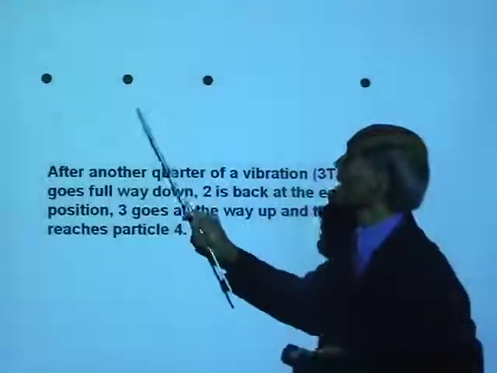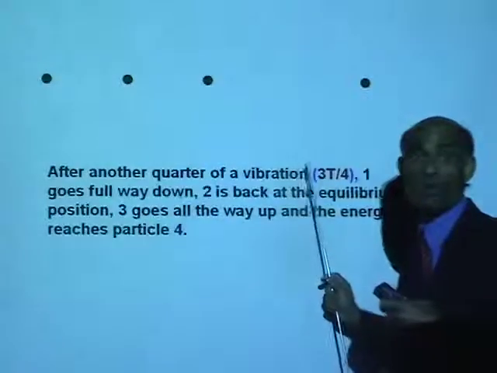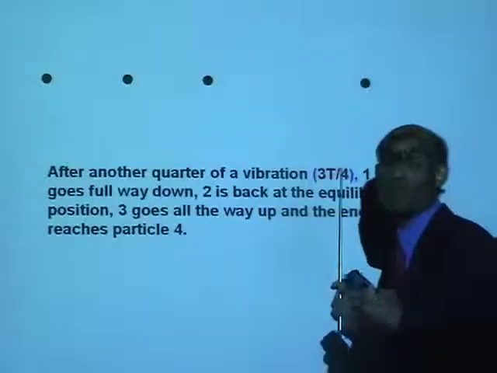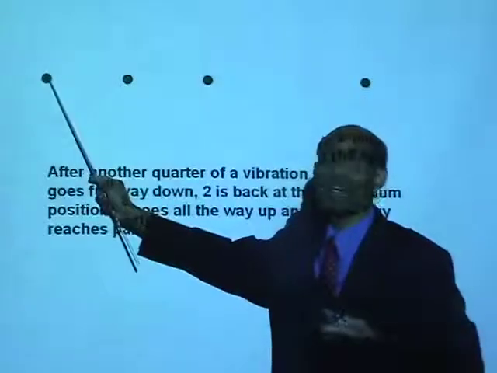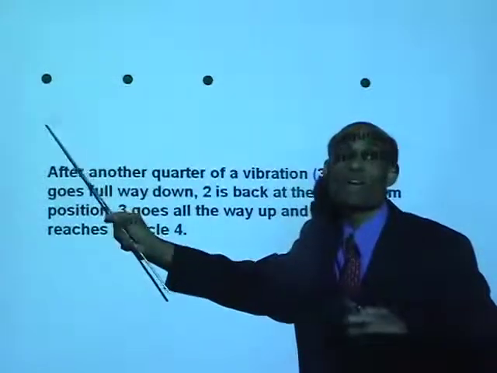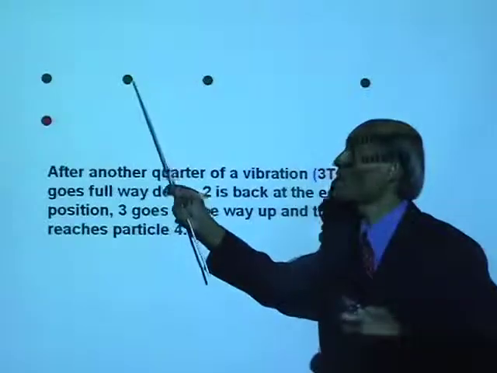Alright, what happens after another quarter of a vibration? Now how many quarters? It is now 3/4 of a vibration. So the first particle has now completed 3/4 of a vibration. Where is it now? It is at the lower extreme. Where is the second particle?